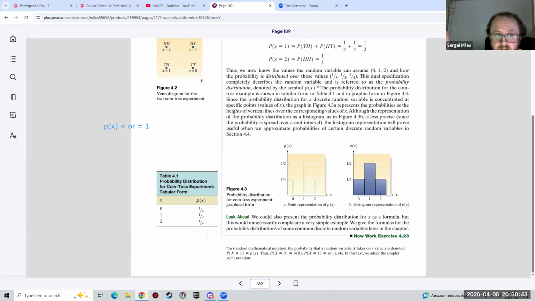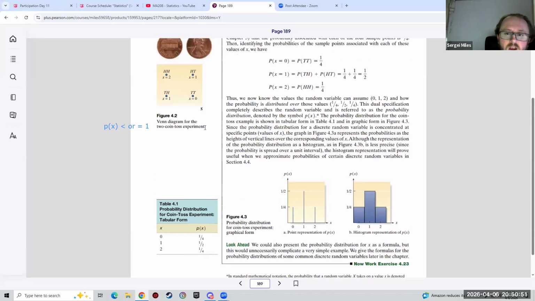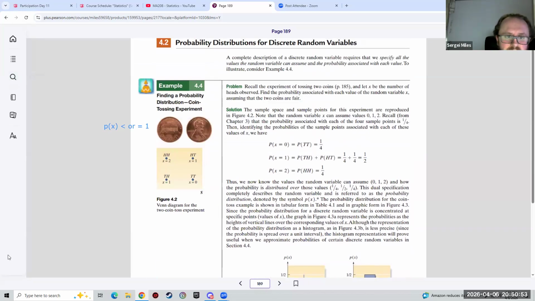Well, if I am summing together all of the possible sample points, all of their possible probabilities, well, then that is 100% of what can happen. And if I'm adding up 100% of what can happen, well, then that should add up to 100%, right? Now, 100% as a decimal looks like the number 1, right?